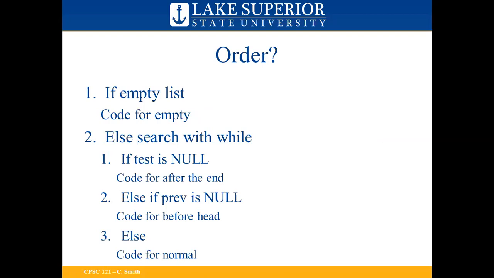If it's an empty list, then we have the code for insertion into the empty. Else, we're going to search with a while loop. And after the while loop is done, we ask ourselves, is test equal to null? And then we have the code for that. Else if previous is equal to null, and then we have the code for that. And then else, and everything else is a normal case. So it's just going to drop into the normal case on the else.